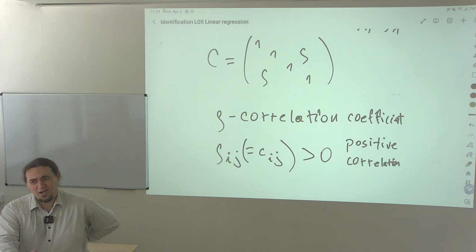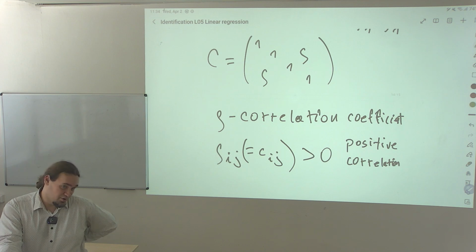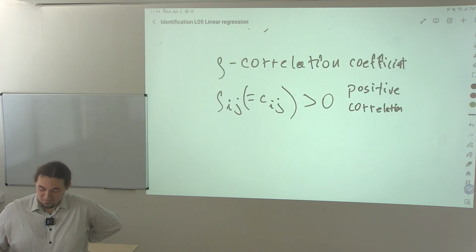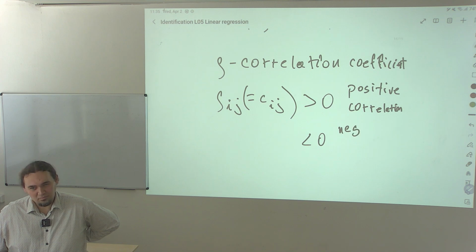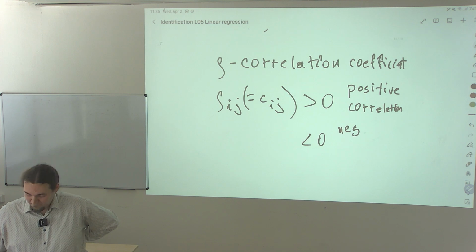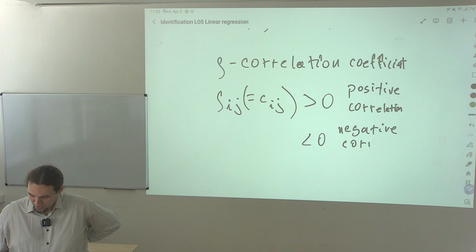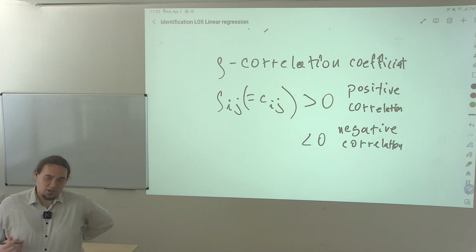If the temperature increases, pressure increases. Yeah, exactly. If it's negative correlation, it's the other way around. If one variable increases, another decreases.